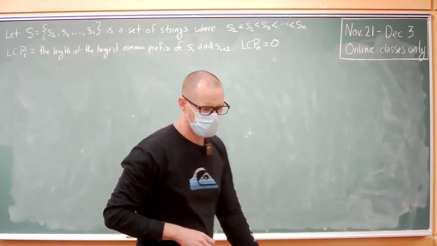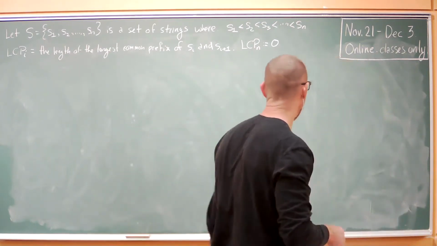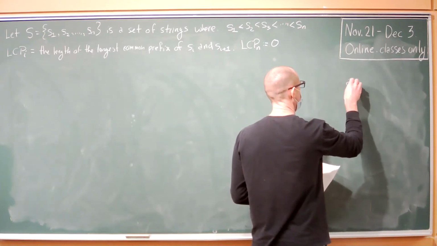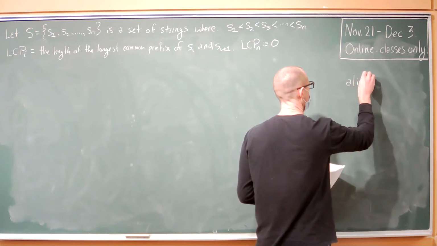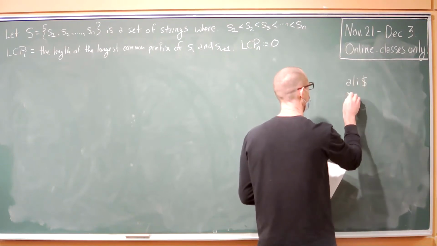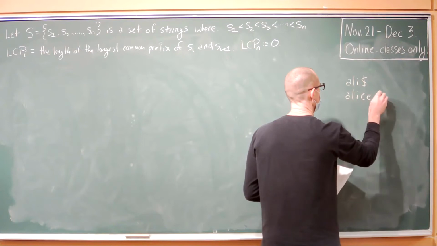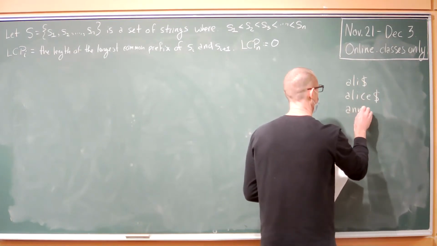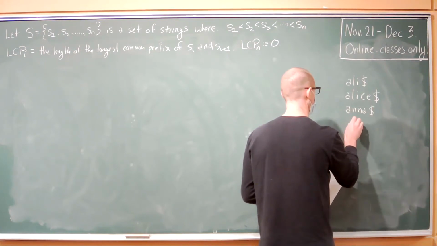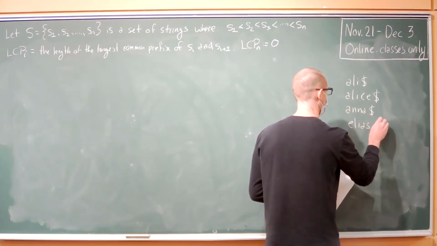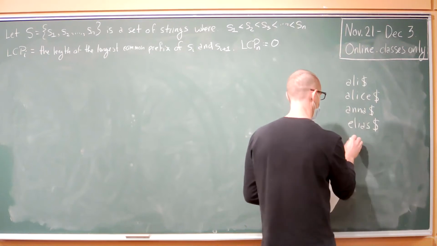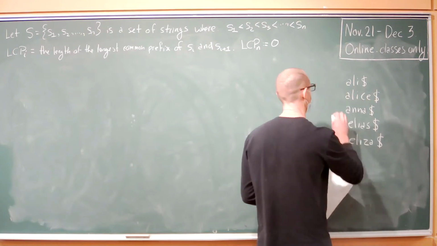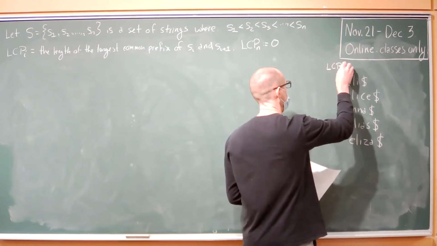Okay, so just so it's clear what we're talking about, if this is my set of strings: Ali, Alice, Anna, Elias, and Eliza, then what's in the LCP array?